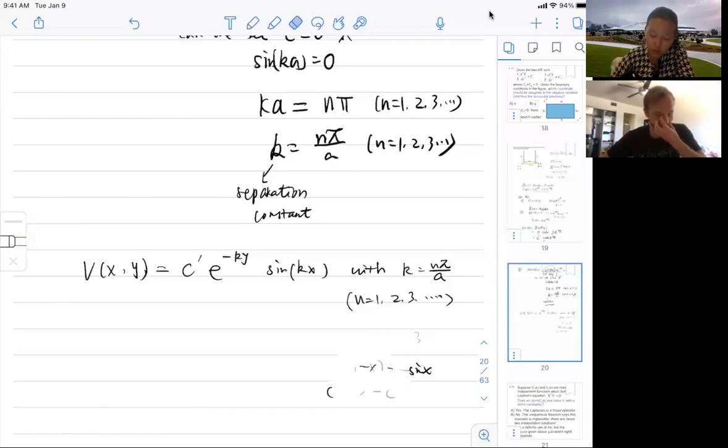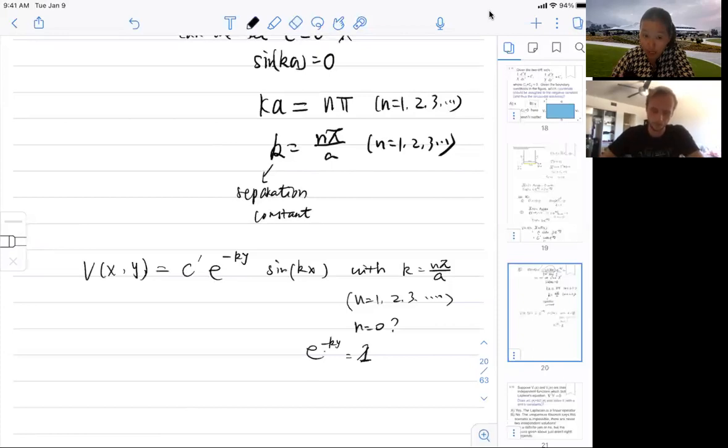We're not going to consider that as a new solution. So we're just going to write 1, 2, 3, and so on. All right. And could n be 0? If n is 0, sine of 0 obviously is 0, but e to the negative ky now, k becomes 0, right? So this becomes 1. So your v becomes a constant.